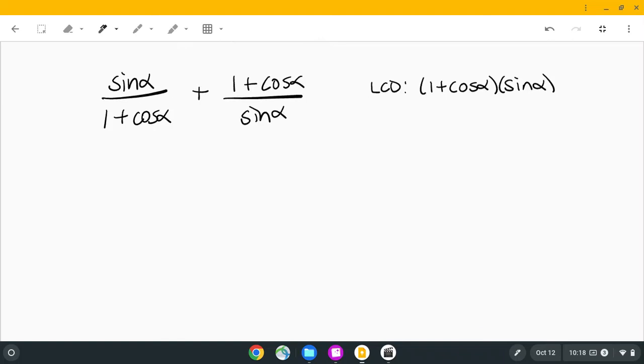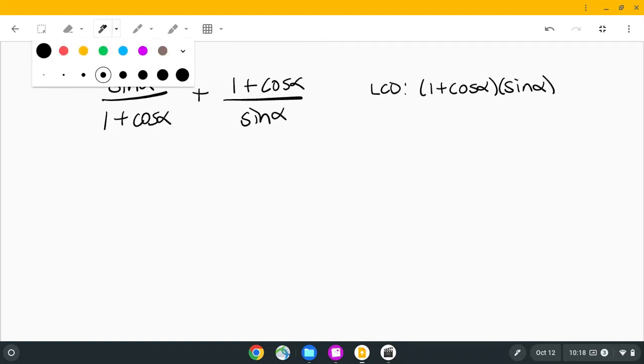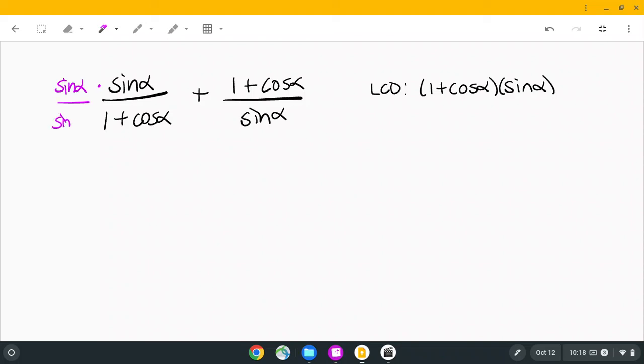I need to multiply this first fraction by sine alpha, because that's what I am missing. And I need to multiply this one by 1 plus cosine alpha, because that is what I am missing.